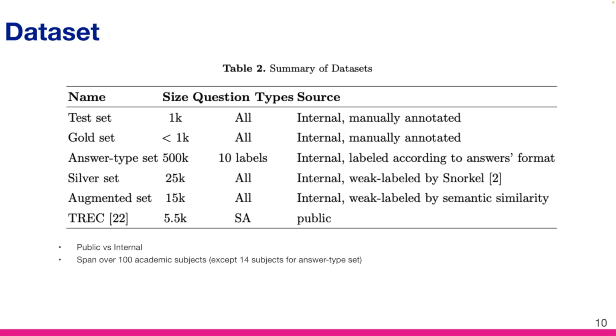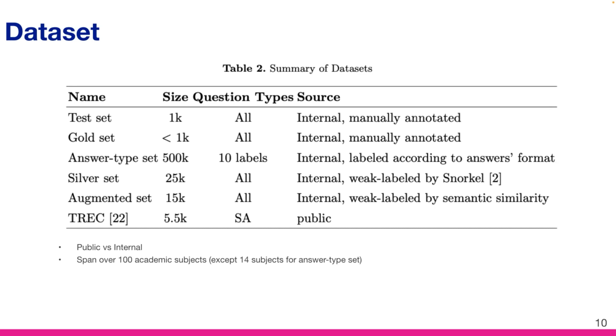We also manually annotated less than 1,000 samples and considered them as our gold set. Then on top of that gold set, we could use weak supervision and data augmentation to have a larger dataset. We called it the silver set.